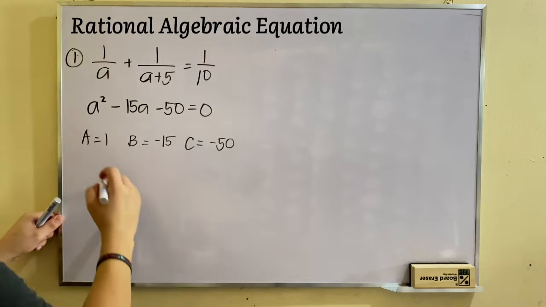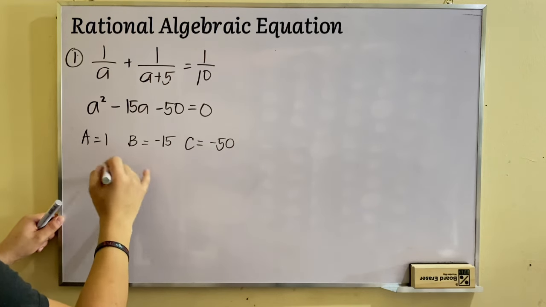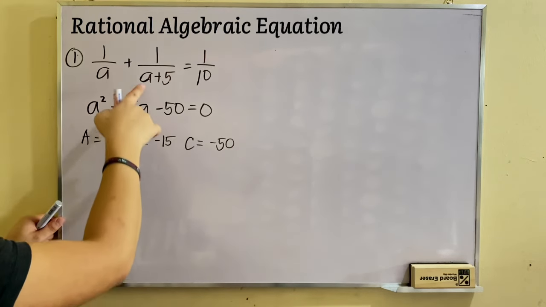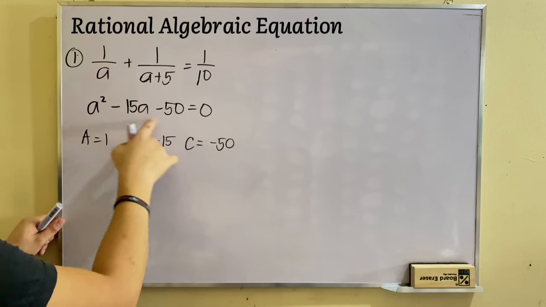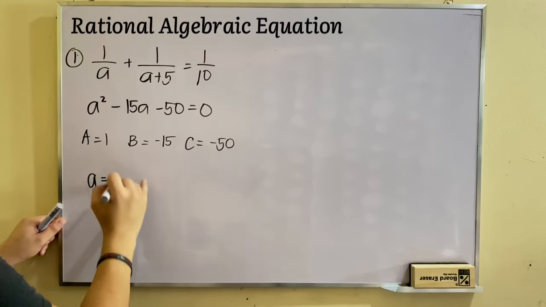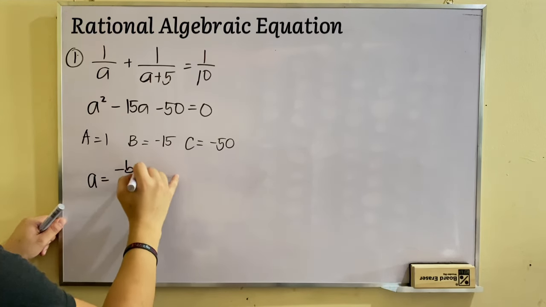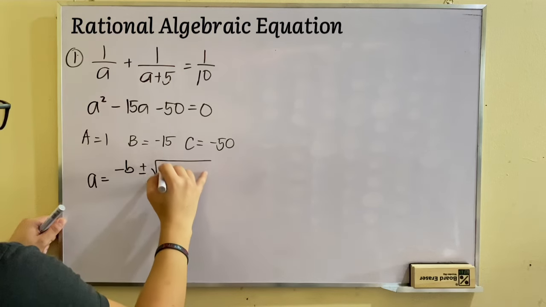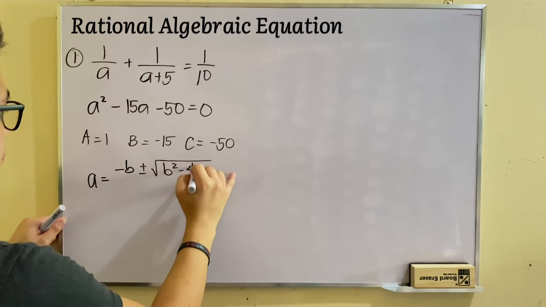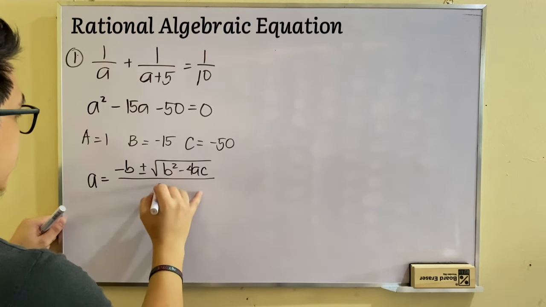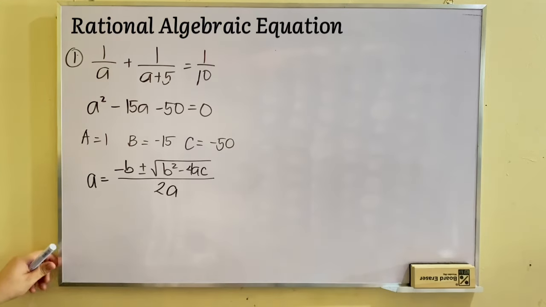Ano ang quadratic formula? So, x kung ang variable natin is x, pero ang variable natin is a, so a is equal to negative b plus or minus square root of b squared minus 4ac divided by 2a.